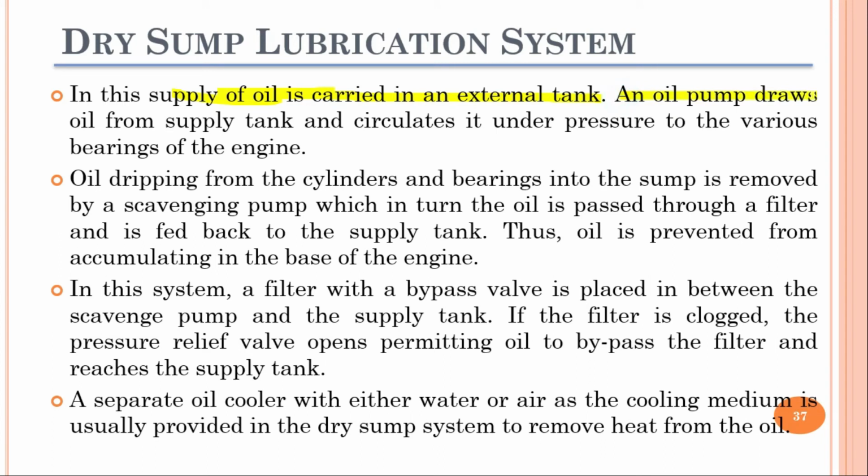An oil pump draws oil from the supply tank and circulates it under pressure to the various bearings of the engine. Oil dripping from the cylinders and bearings into the sump is removed by a scavenging pump, which in turn passes the oil through a filter and feeds it back to the supply tank.